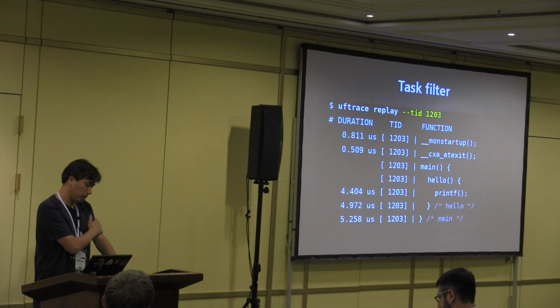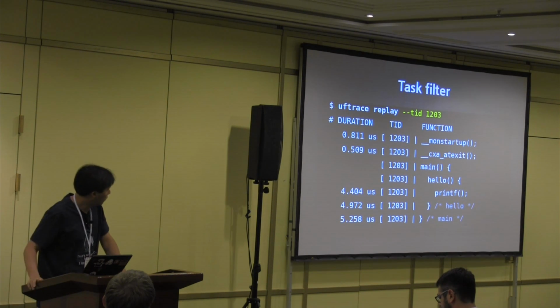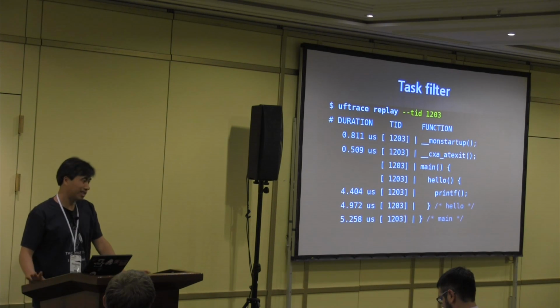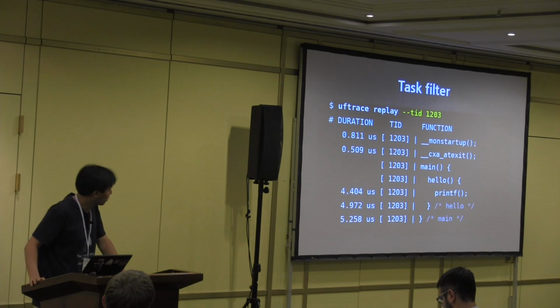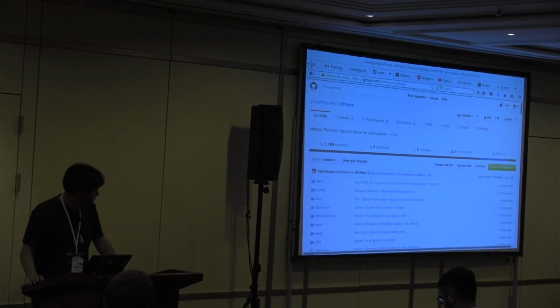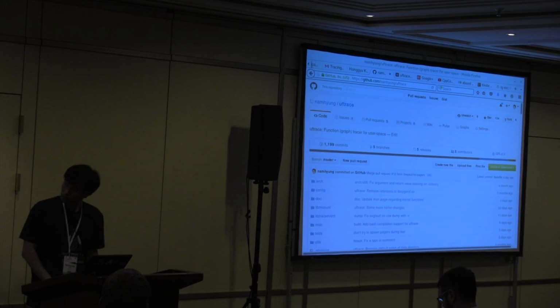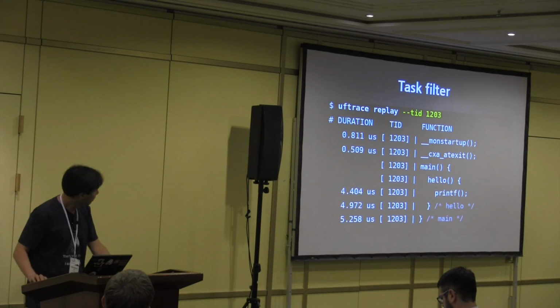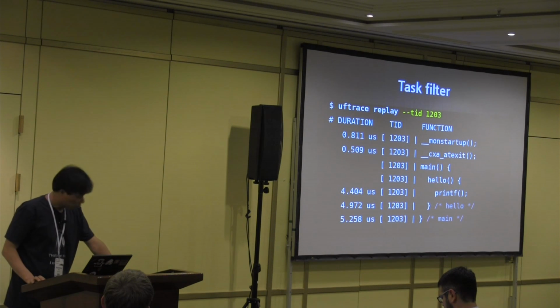Uftrace comes with various filters, and the first filter you can use is a task filter, but this can be used only for the analysis time, since we do not know the task ID at record time.